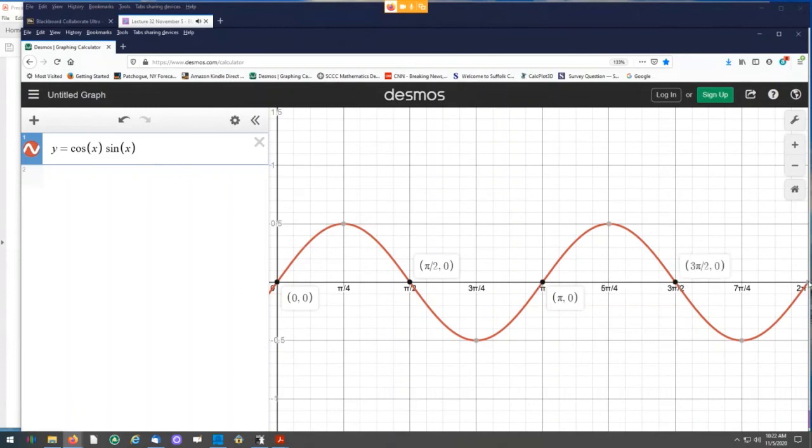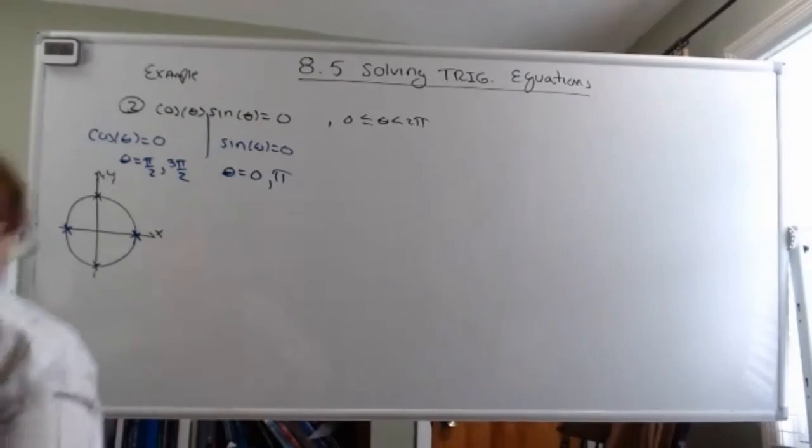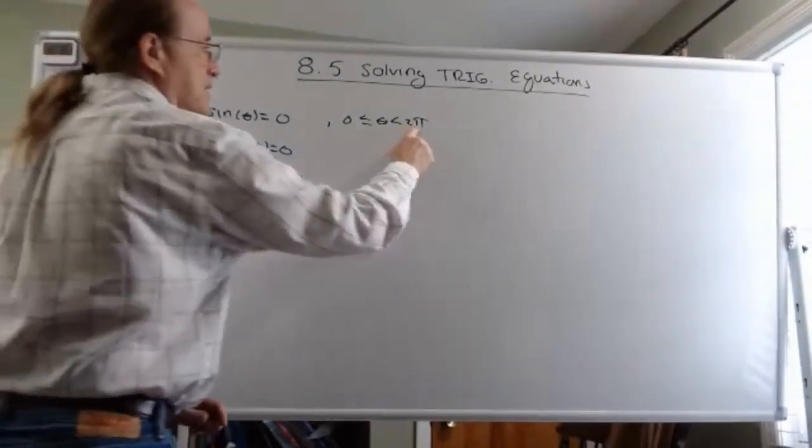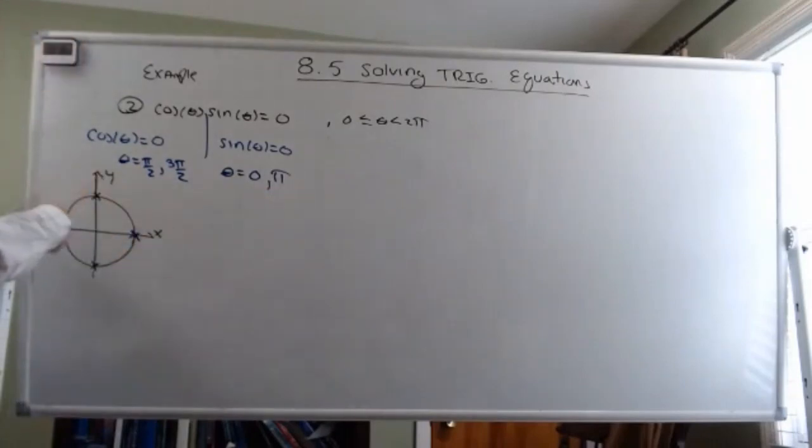So all those angles. Now 2 pi would be a solution, but notice when I write this out, the 2 pi is not included. If you look at the board again, we're not expressly including 2 pi, so I don't have 2 pi over here. So these would be the only 4 solutions.